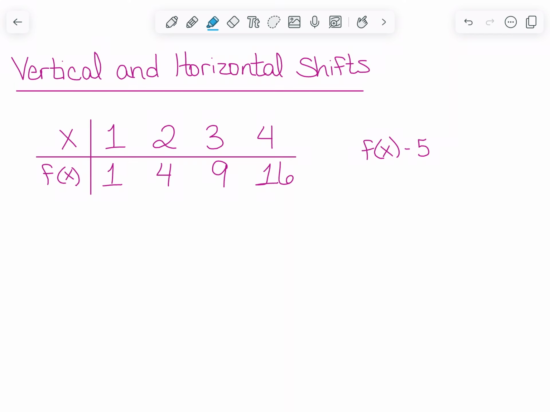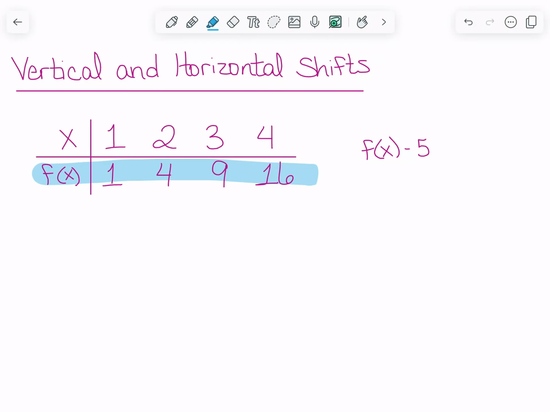Let's consider the function given by the table shown here, and we want to find the table for the function given by f of x minus 5. The first step is to identify our output row or column, which is our second row here. The next step says we want to know the magnitude and the direction of the shift.